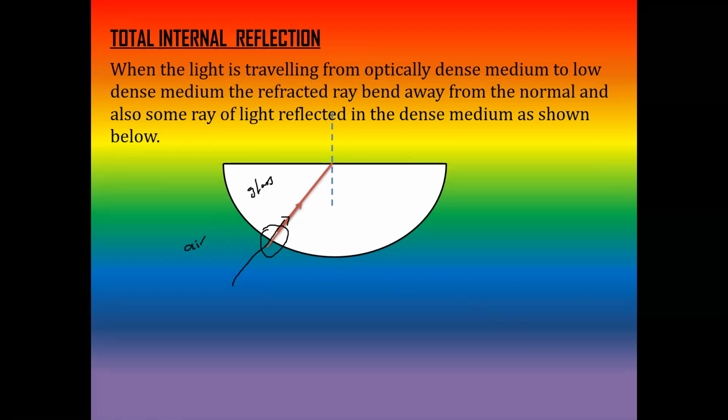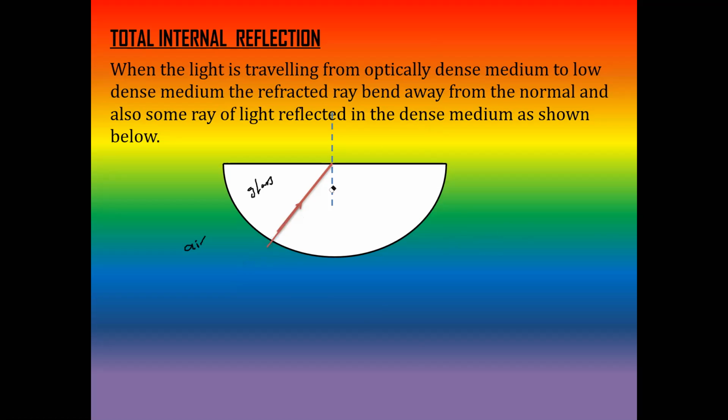But why does it continue in a straight line at this point? It changes the speed, but it does not change the direction.